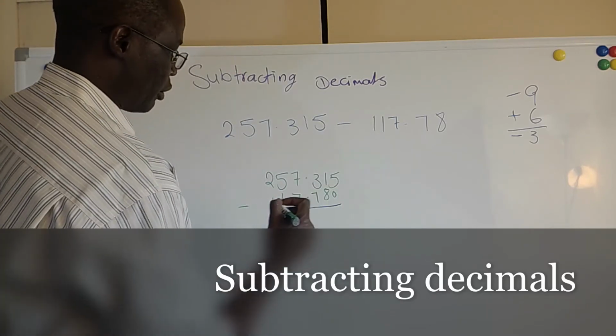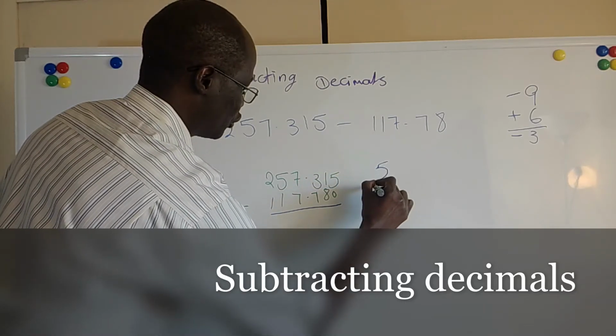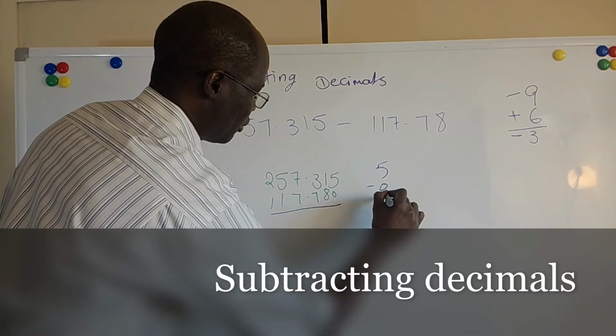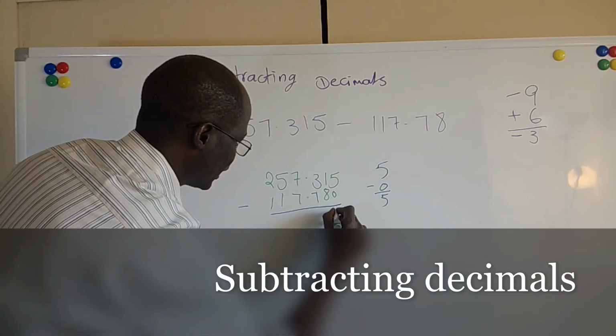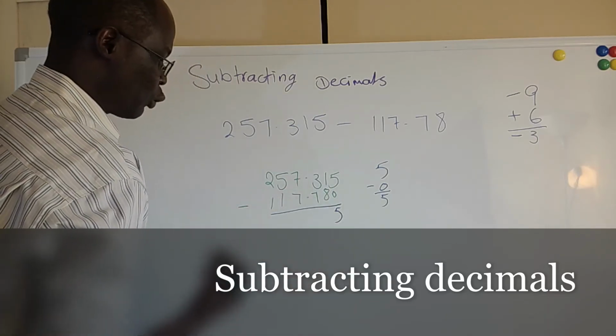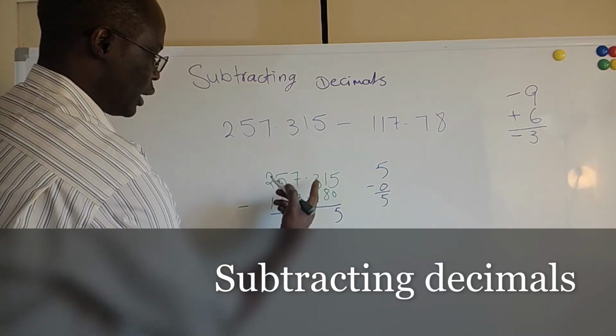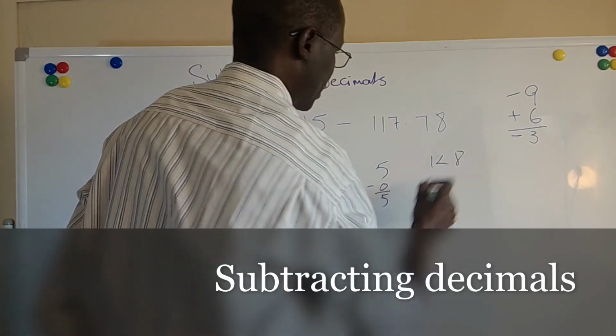So subtracting 0 from 5, you still have 5. This one came down to 5. And we have 8 minus 1, and 1 is less than 8, so it should be this way.